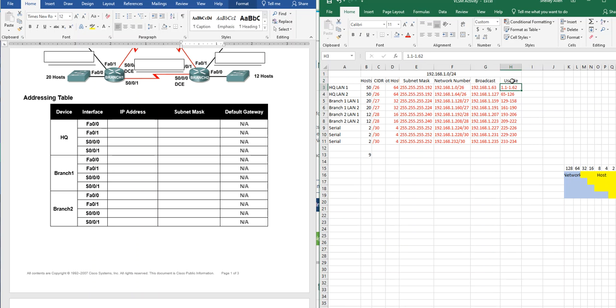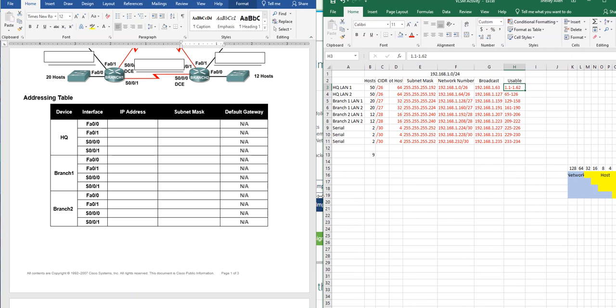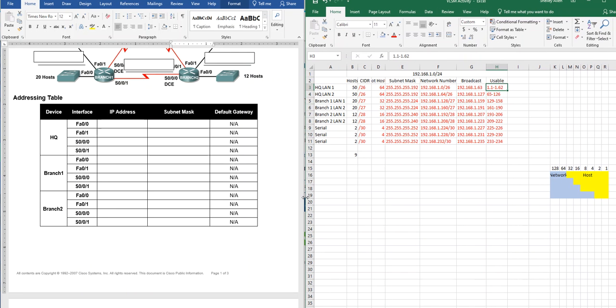So these are the assignable numbers, the numbers we would assign to an interface. And then you can assign the numbers in between too. Most of the instructions will ask you to use your first and last available. So this is what I have typed here just to make it a little bit easier on us as we're going through the curriculum.